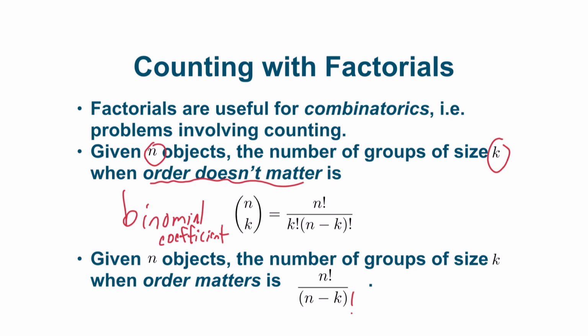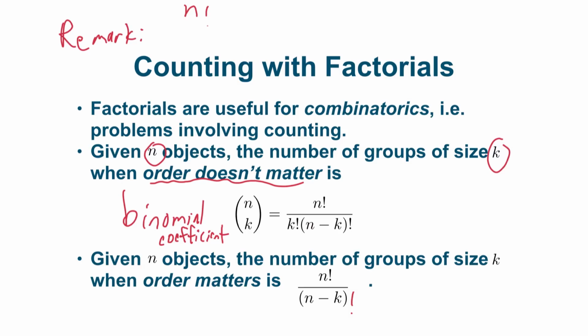So let's make a remark, which is that n factorial divided by k factorial times n minus k factorial is always less than or equal to n factorial over n minus k factorial.